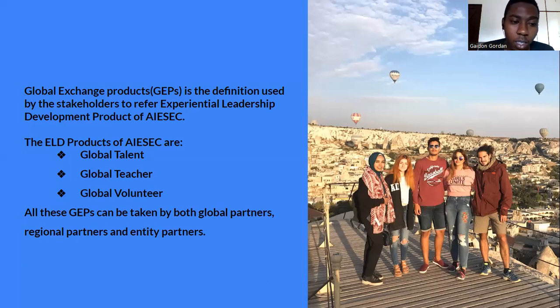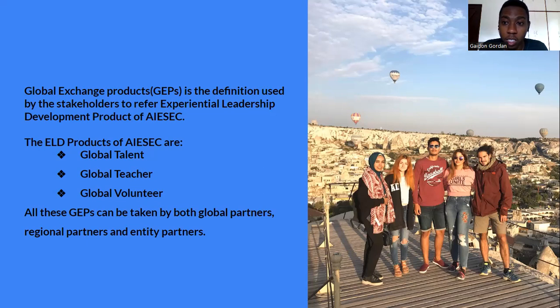So the aggregate of all these three products, GT, GTA, and GV, is what we call global exchange product. So from now on, when you hear about GEP, global exchange product, it means we talk about one of these three things: global talent, global teacher, and global volunteer. All global exchange products can be taken by global partners, regional partners, and even entity partners.